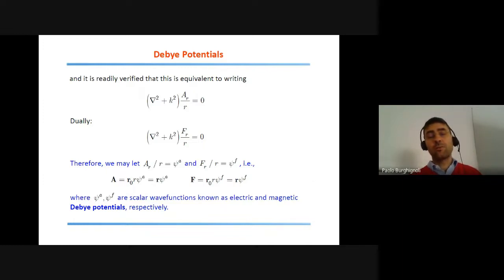And as you have seen, they can be used to construct radially directed vector potentials A and F in a gauge that is not the Lorentz gauge.